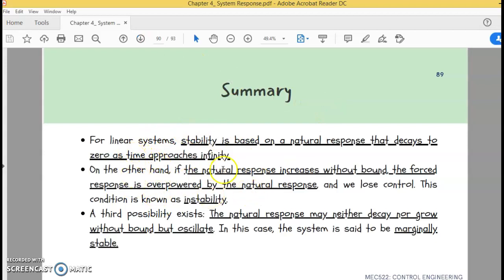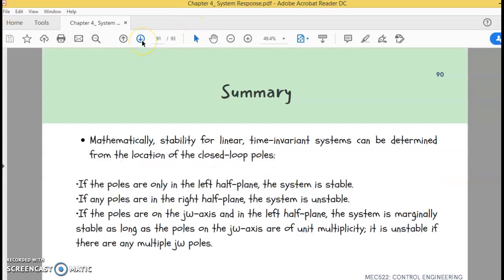Okay, so you can see stability, this one natural response. Okay, what is marginally stable? Okay, so you can read here. Okay, and then what is instability? Okay, so you can read. Okay, and then this one for the pole in the left half plane is stable.